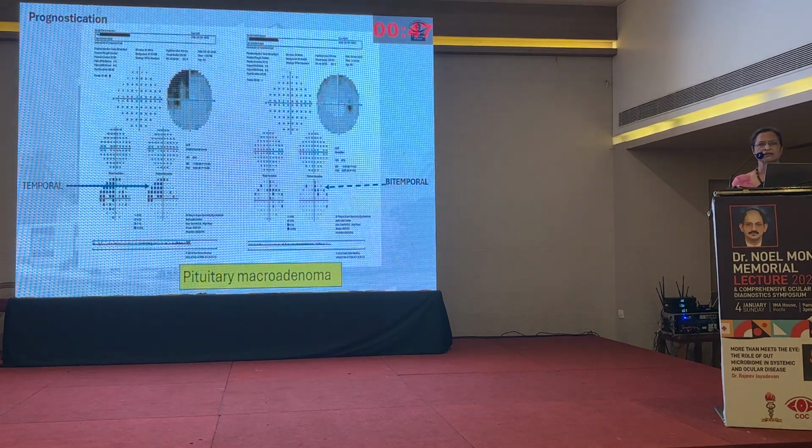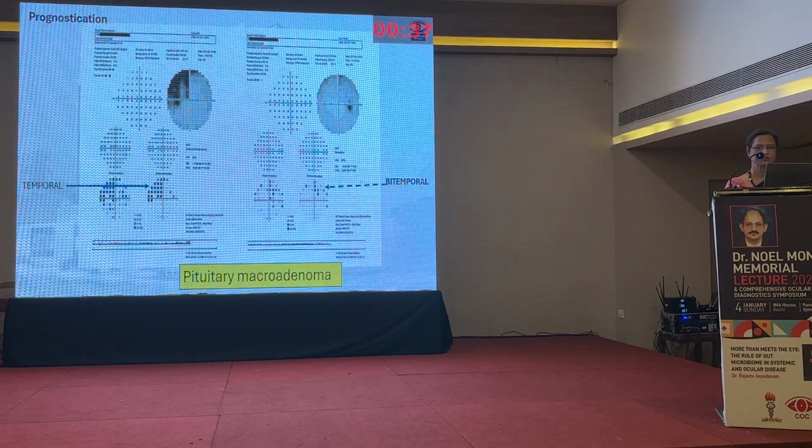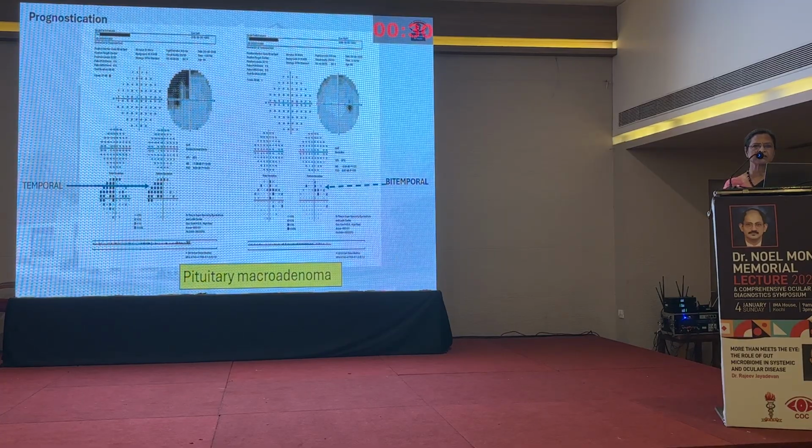This was coming to the prognostication that we can make by putting the fields and the GCC together. This was the patient I had mentioned a little earlier, the one who turned out to have a pituitary macroadenoma, having come to us with a 2-day history of defective fields in the left eye.